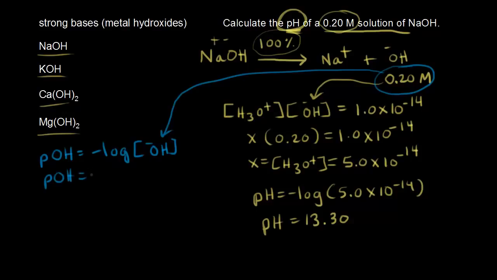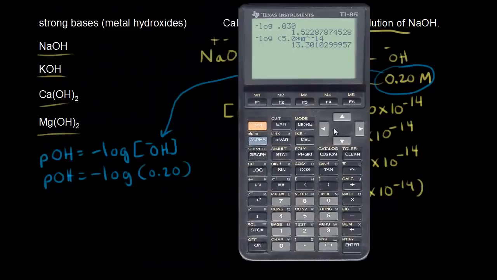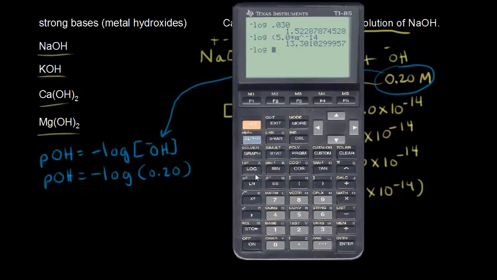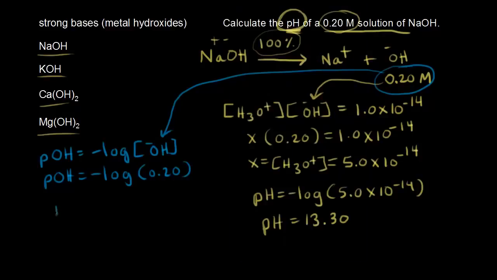So pOH is equal to the negative log of the concentration of our hydroxide anions. So let's go ahead and do that math. So we have the negative log of 0.2, and we get 0.70. So the pOH is equal to 0.70 here.